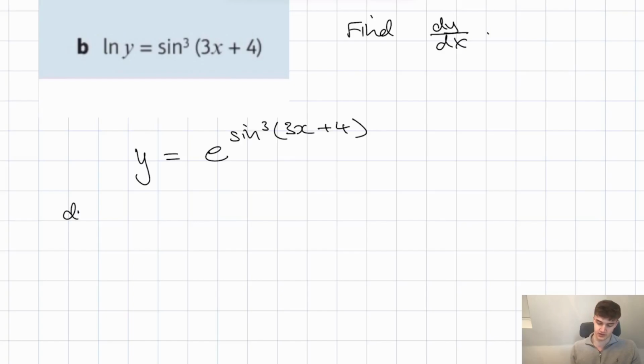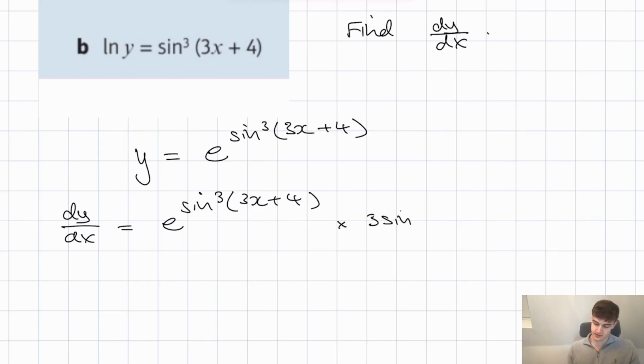So I think we should have dy by dx is equal to what we have, e to the sine cubed 3x plus 4 times 3 sine squared 3x plus 4 times 3 times cos of 3x plus 4.